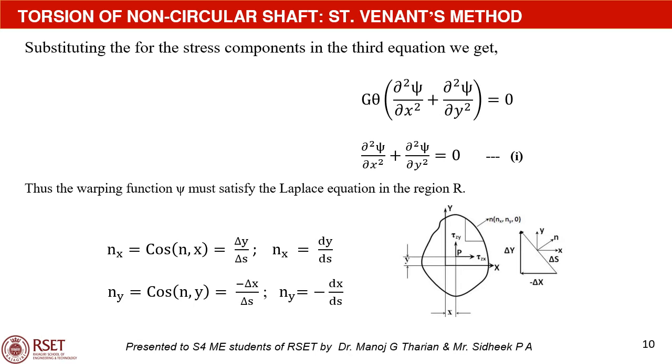Also, the direction cosine Ny is equal to the cosine of the angle between N and the y axis, which is equal to minus delta x by delta S. When delta S is infinitesimally small, we get the direction cosine Ny equal to minus dx by ds.